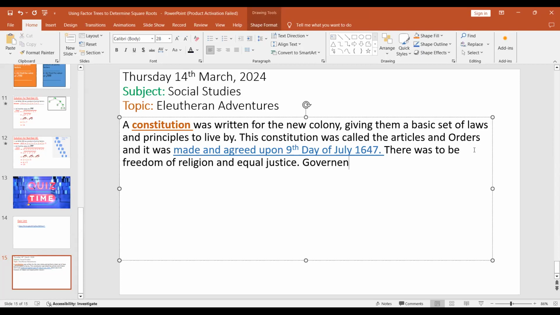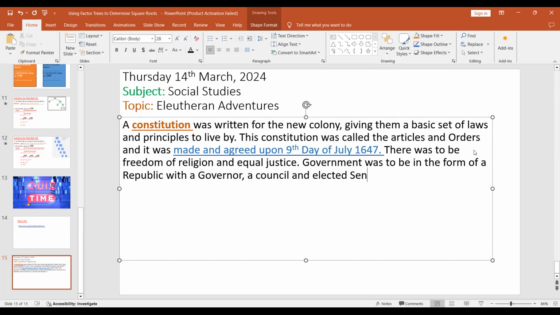Government was to be in the form of a republic with a governor, a council, and an elected Senate or Parliament.